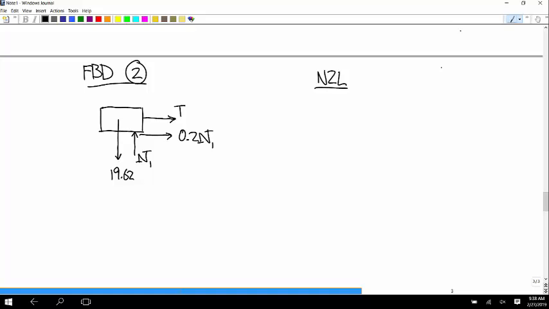If we're using the usual coordinate system, the cable force is in the positive x direction, so that's T, 0. The friction force is in the positive x direction, so 0.2 N1, 0. The normal force is in the positive y direction, so 0, N1.